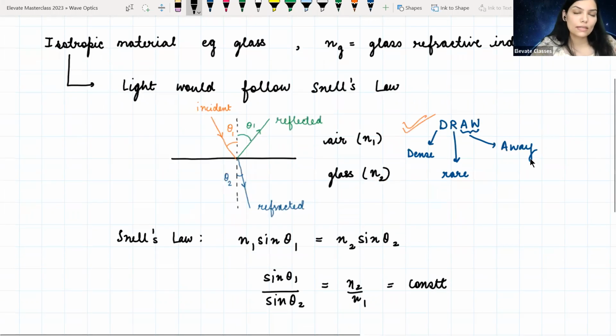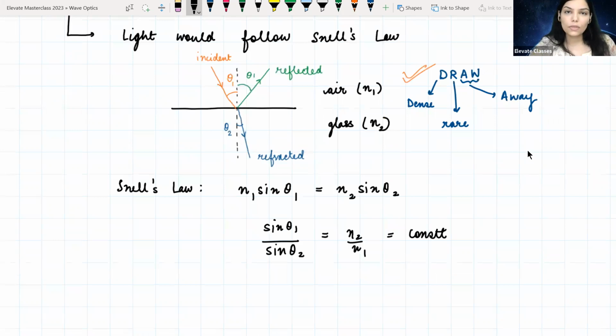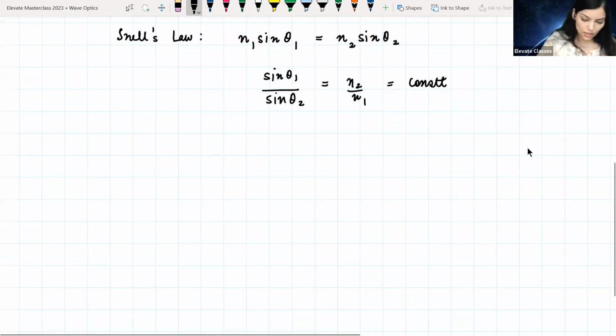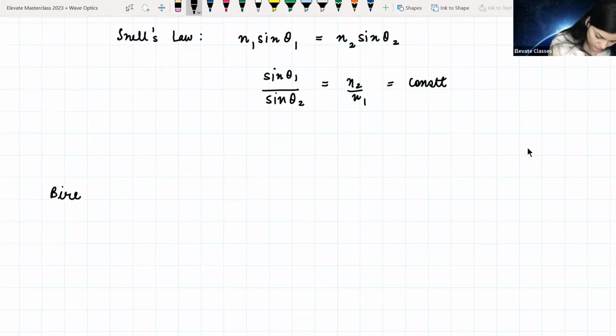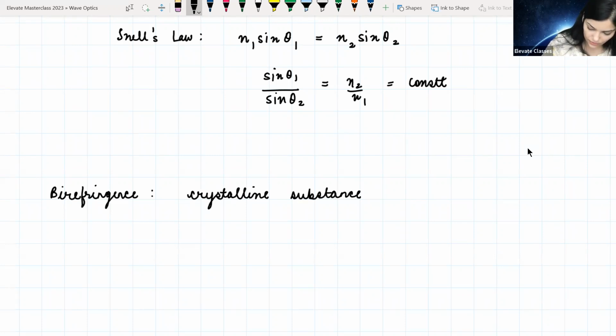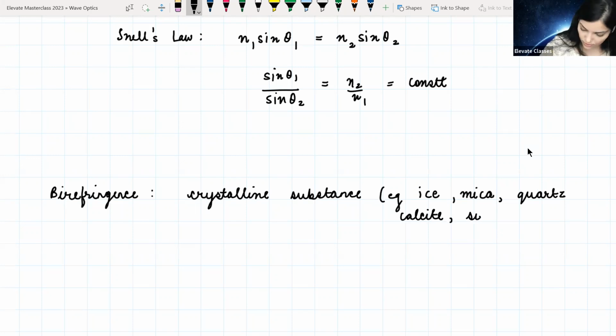So birefringence simply means that I have some crystalline substance, some naturally occurring crystal, which has some optical anisotropy associated with it. Examples of this would be ice, mica, quartz, calcite, sugar crystals, tourmaline.